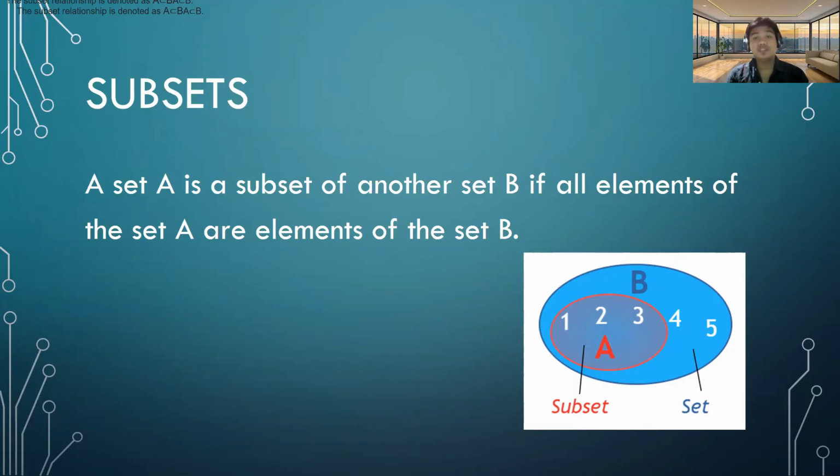If we consider two sets, for example, set A and set B, as you can see in the figure, set B contains 1, 2, 3, 4, 5, and set A contains 1, 2, 3. So we can see that all elements of set A are also elements of set B.